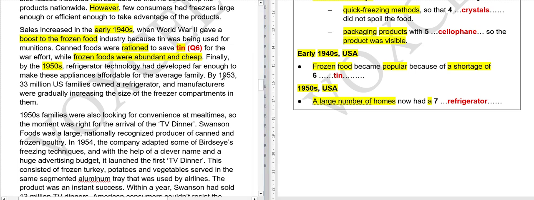And then by 1953, so 1950s refers to 51 to 59, by 1953, 33 million US families owned a refrigerator. So from here we can easily deduce a refrigerator. So a large number of US families. I hope it is clear.